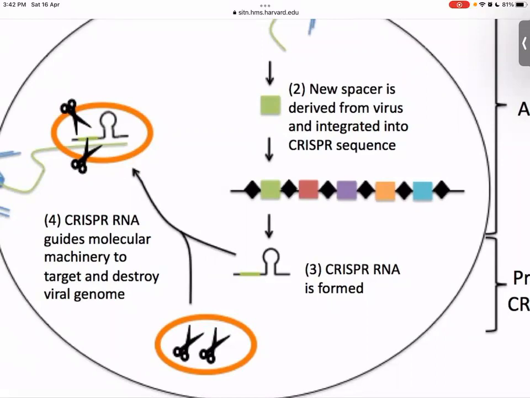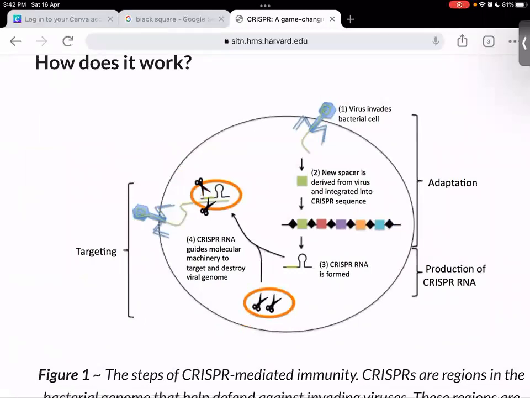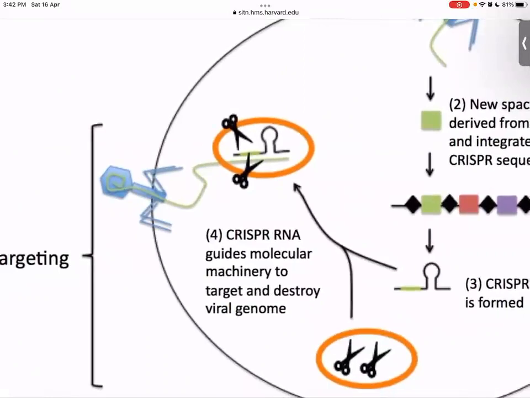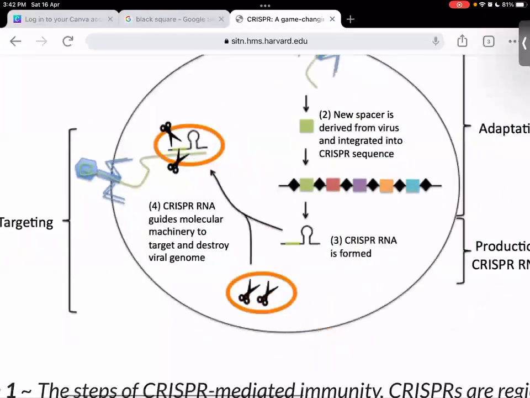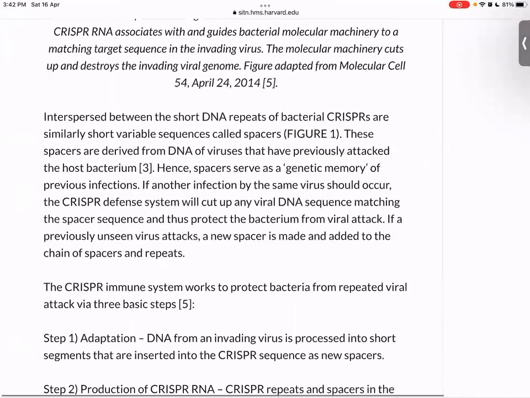It will now easily kill the virus and it will not allow the virus to replicate. And in this manner, you can see how the specific viral genome was targeted by the CRISPR RNA and it was gotten rid of. I hope this is making sense and I tried my best to explain it to you.